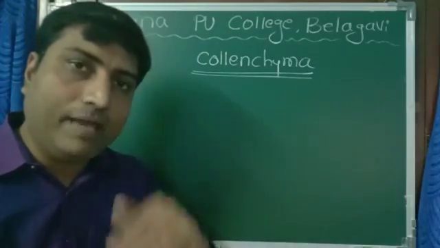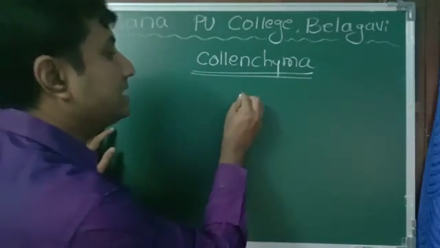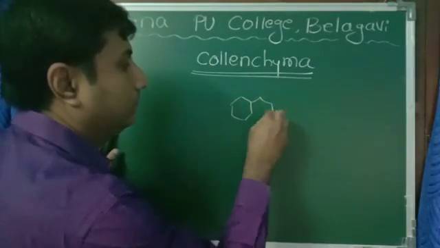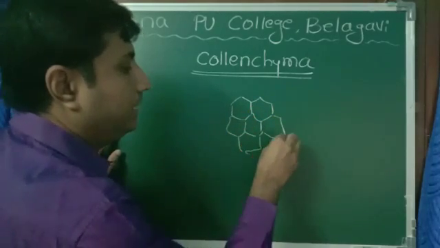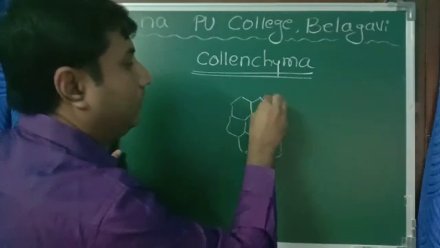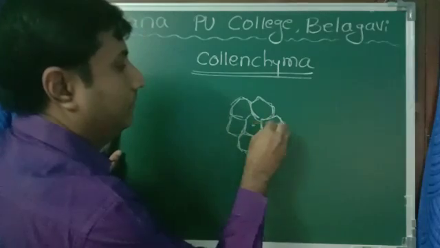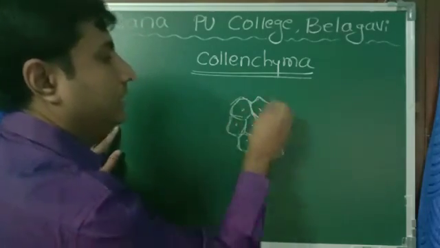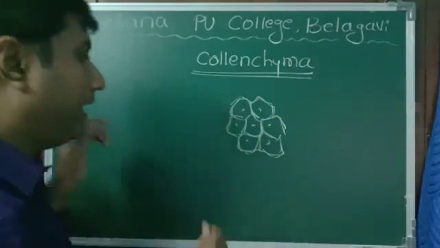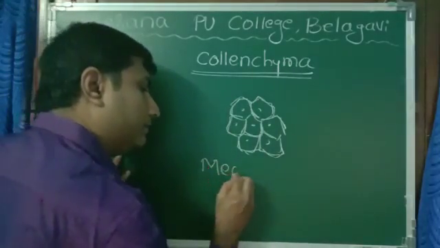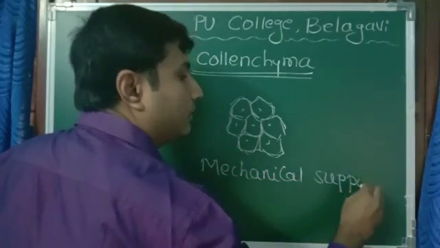In collenchyma, the wall is thickened due to the presence of pectin and so on. The main function of collenchyma is to provide mechanical support.